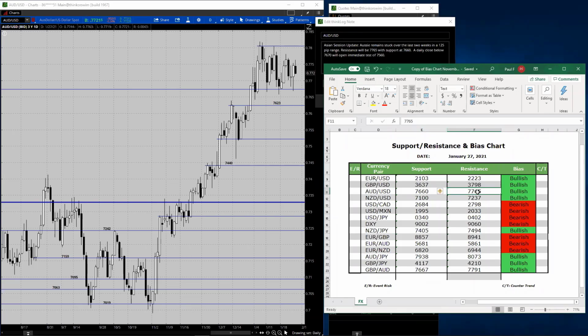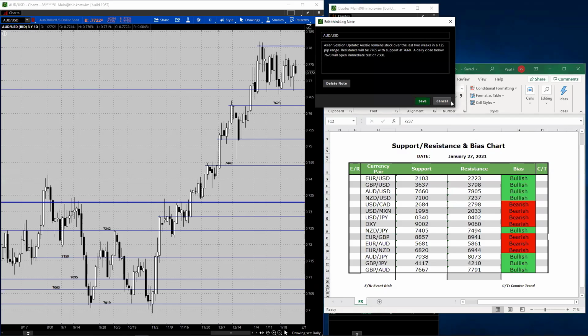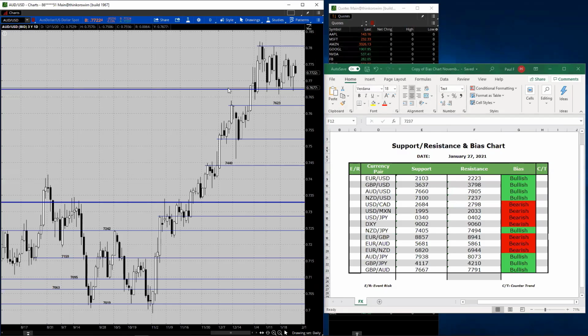And this is actually supposed to be 78.05. And on the downside, going to be just right back here, which is 76.74.